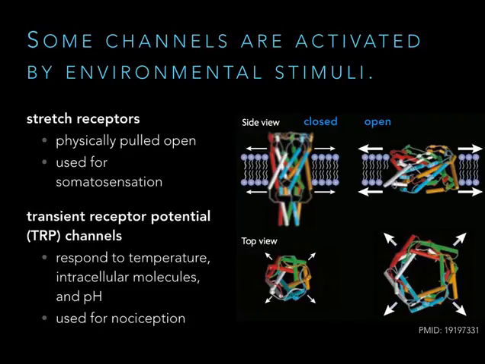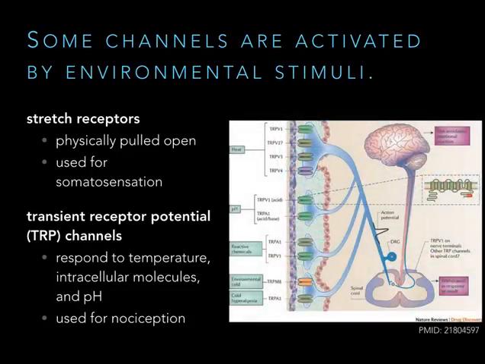There are other channels that are going to be activated by environmental stimuli, like temperature, pH, some intracellular molecules that should stay inside of cells, but if they get killed, then they'll be outside. So these are typically going to be used for nociception or detecting pain. And the channels that are contained on these nociceptors are called TRP channels, or transient receptor potential channels.